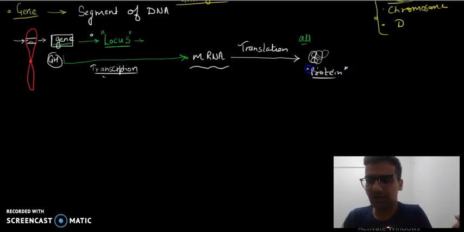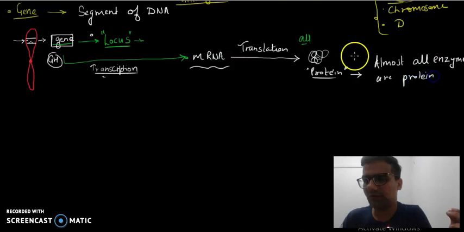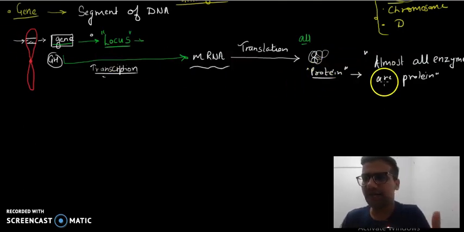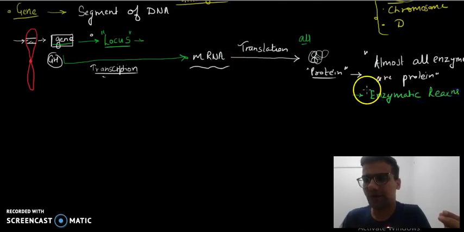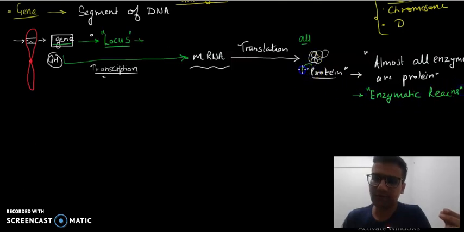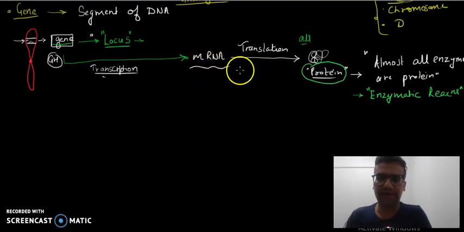Almost all enzymes are proteins, and you know that enzymes help in enzymatic reactions. So all the enzymatic reactions are basically carried out by these proteins, which are formed by translation through mRNA.